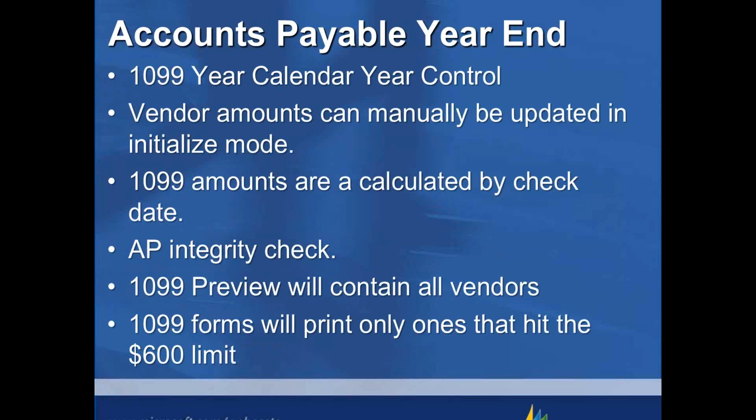The 1099 preview report will contain all vendors, whether they are subject to 1099 or not, but it's intended to be all-inclusive. However, when you print the 1099 forms, it will only print the ones that hit the $600 limit and would not include any other vendors.